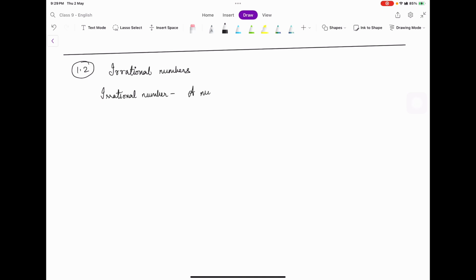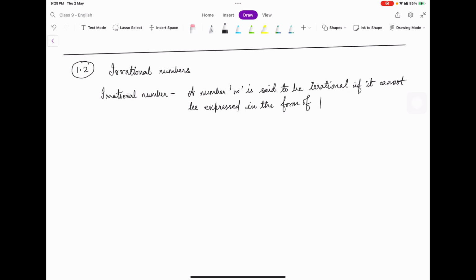A number m is said to be irrational if it cannot be expressed in the form of p by q, where p and q are integers and q is not equal to 0.